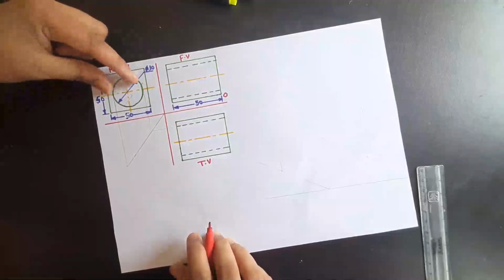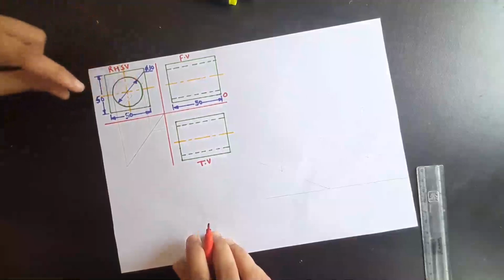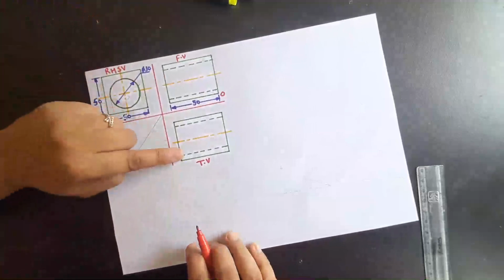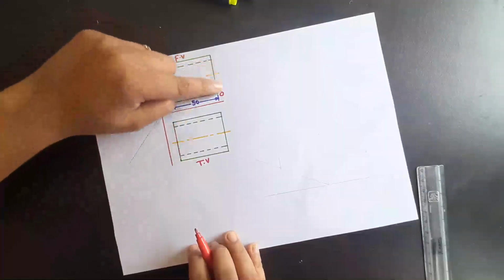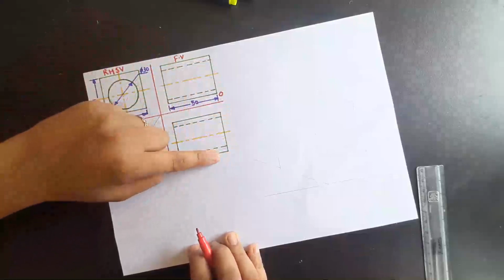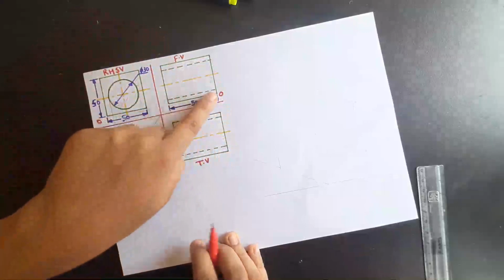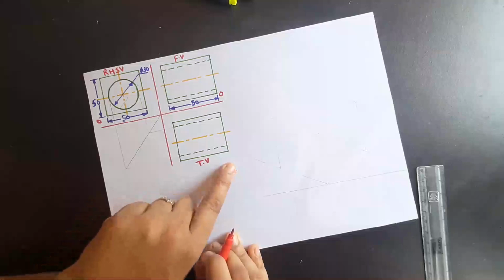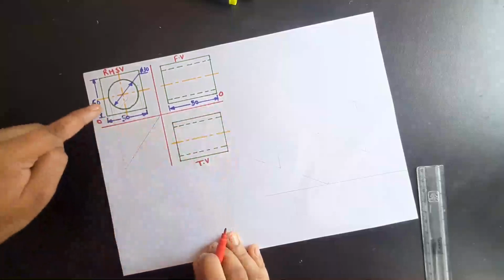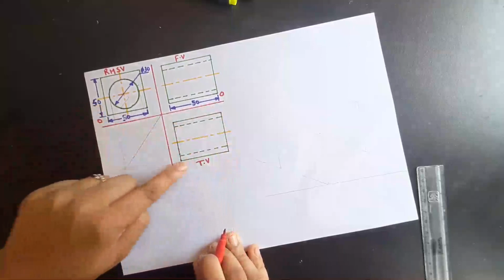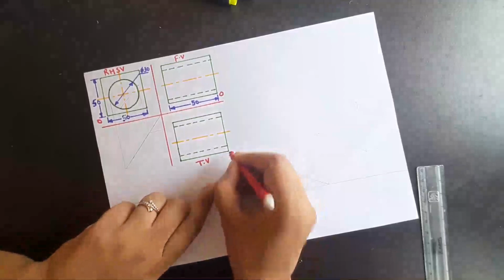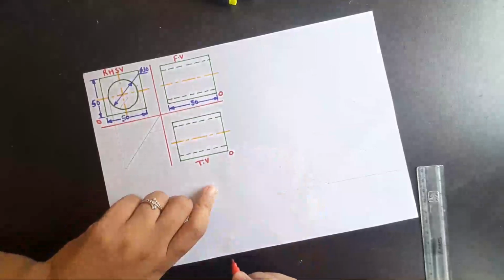This view is on the left side, so the origin will be on the left bottom part. And in the top view, just follow this origin as well as this one, and take the projection. It can be over here or over here, but if we follow the right hand side view, it is going to be only at this position. So for the top view, this is the origin.